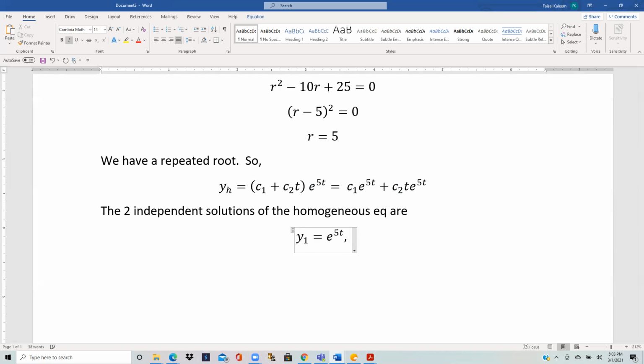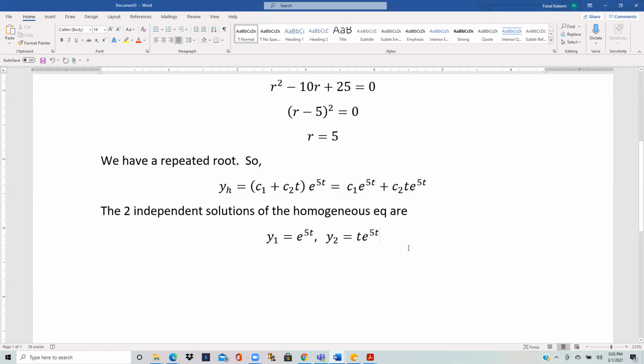And y2 is whatever comes with c2, so we have t e to the 5t.